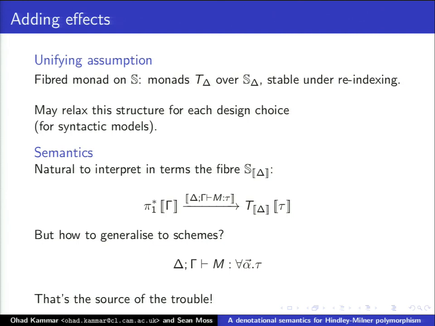It needs to play well with reindexing. As I said, this is a bit too strong. Once we fix on a design choice, we're not going to have all this structure in a syntactic model, so we might have to weaken this structure a bit. But right now I'm using the concrete models to try to compare solutions.